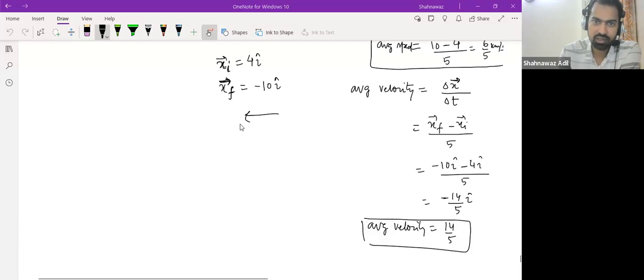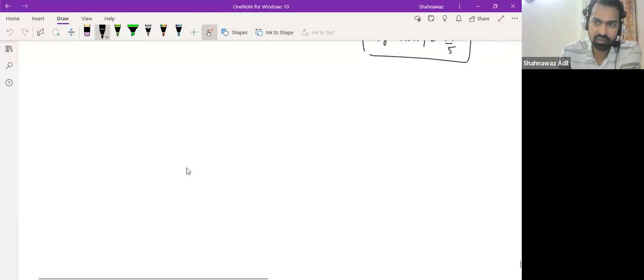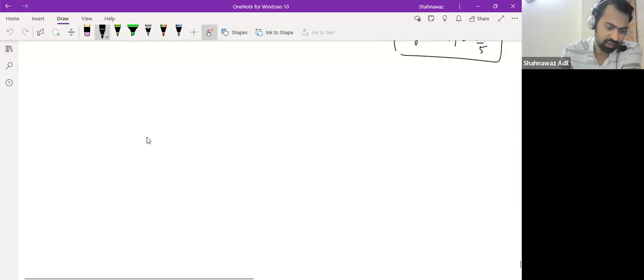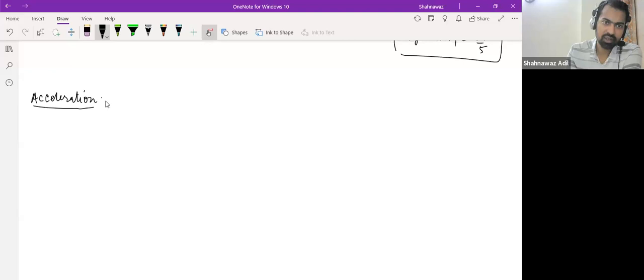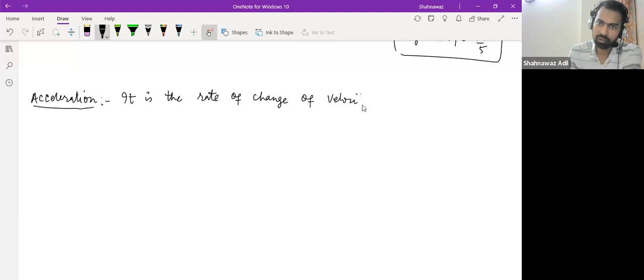So then let us go into the next topic, which is acceleration. Acceleration is the rate of change of velocity with respect to time.